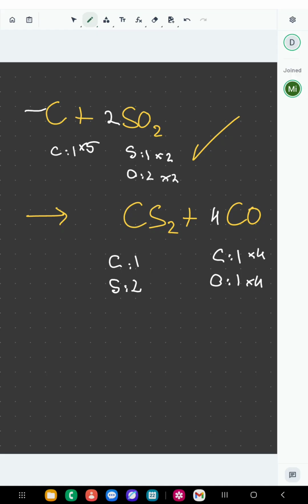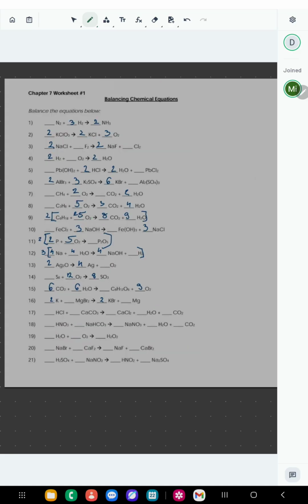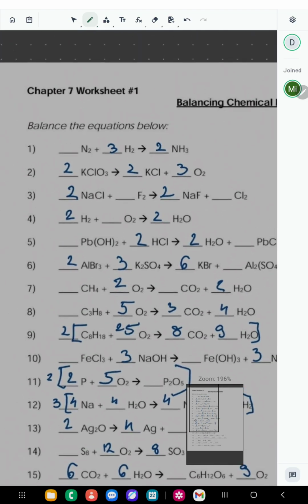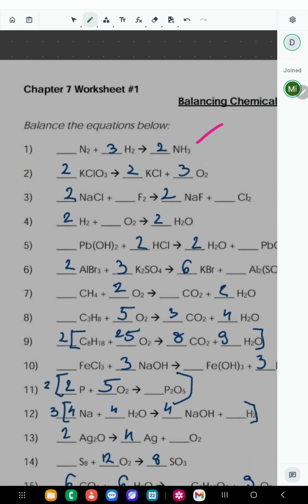Let me upload the one you answered. Okay. Yeah, you can clear this. Yeah, we'll see. So 1, 3, 2, this one is correct. And 2, 2, 3. Okay, 2, 2, 1. Should we write 1 here?